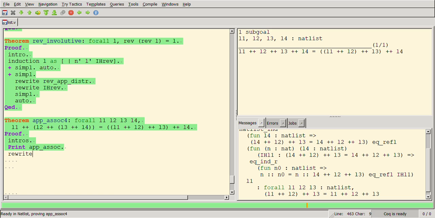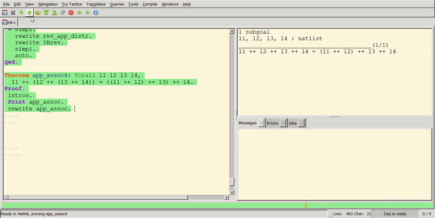So rewrite append associative. The right parentheses are not visible, but the left parentheses are here, so we have to remove these parentheses from here. When we rewrite append associative, it removes the first external parenthesis.